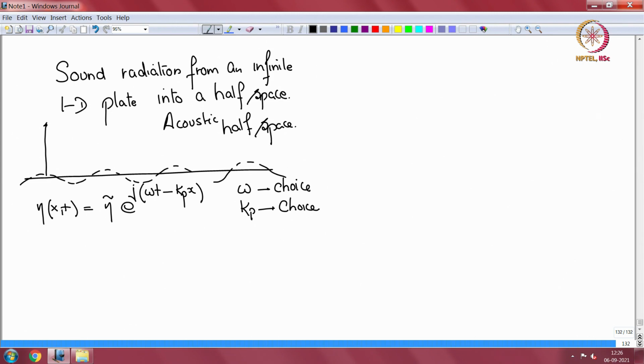So now if I compute the pressure in the half space due to this panel vibration I will get some amplitude A e to the power of j omega t minus j kp x, minus j square root of k square minus kp square y.